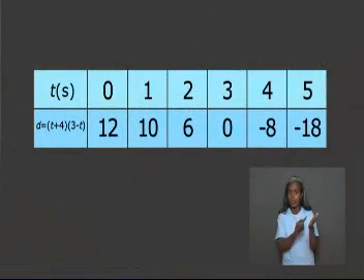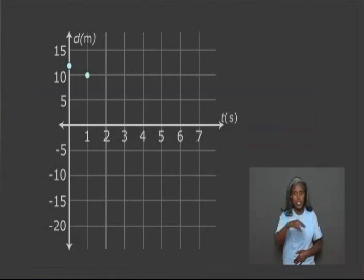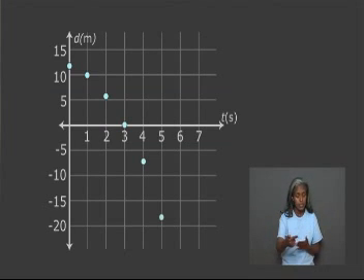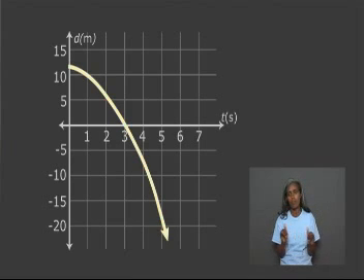Welcome back, students. Here is the table of values for this function. Using the table of values, we can plot the graph of D. Next, let us find the average speed of the particle over each interval.